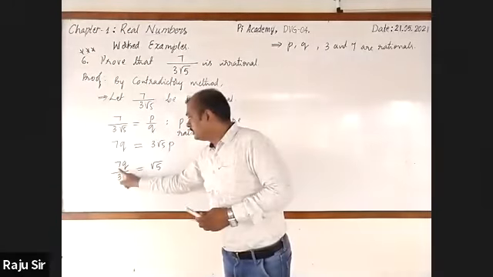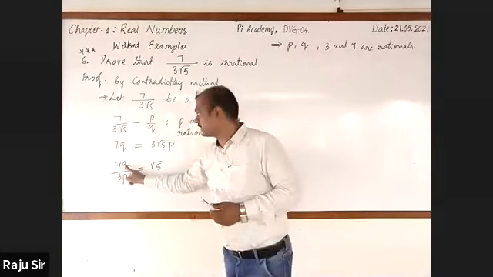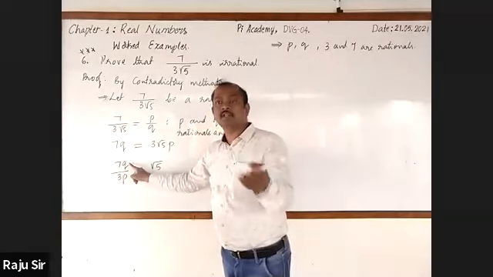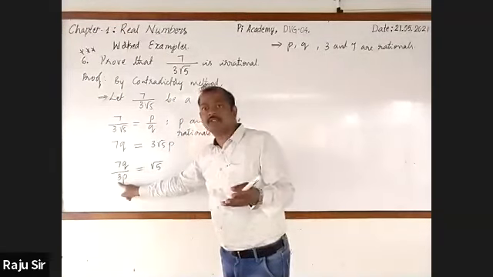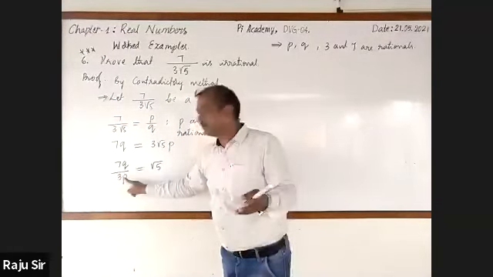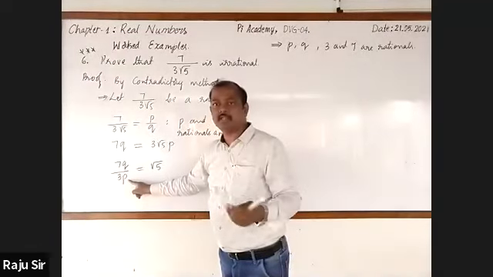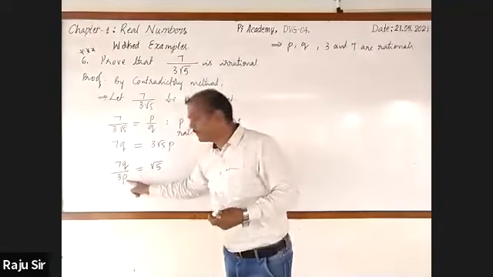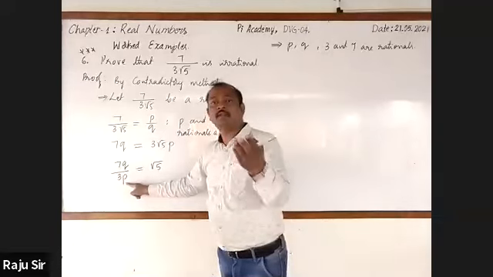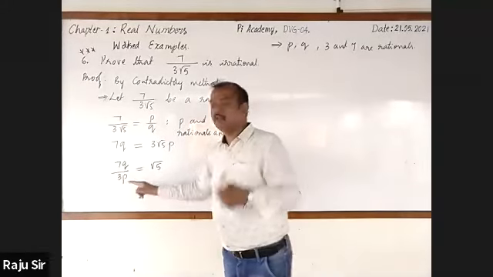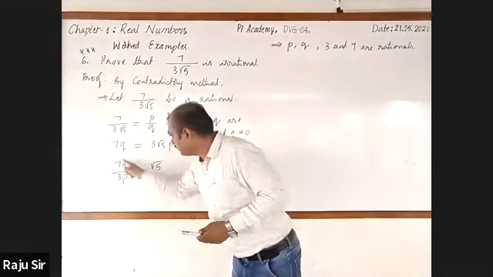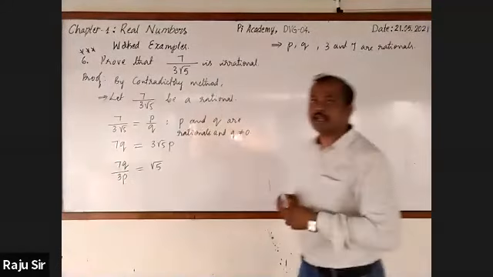We know that 7 is a rational, Q is also rational. 7Q is a rational number. 3 is rational, P is rational. 3P is a rational. Now, rational number by rational number is a rational number, right? So, I can say 7Q by 3P is a rational number.